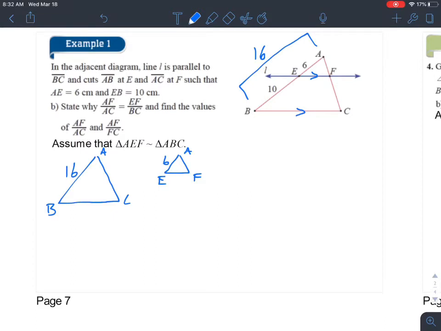What we should do then is go ahead and find that ratio that takes us from one triangle to the second. So I'm going to do right divided by left. So that means then that we are going to get, for a scale factor, 6 over 16. And if we simplify that, that gets us 3/8.